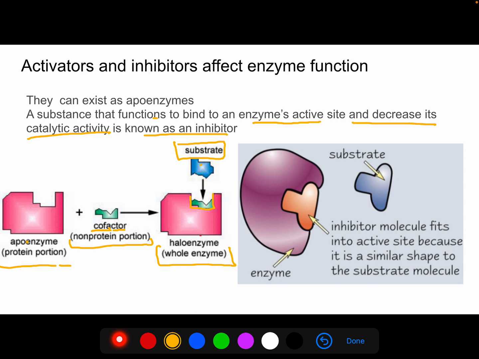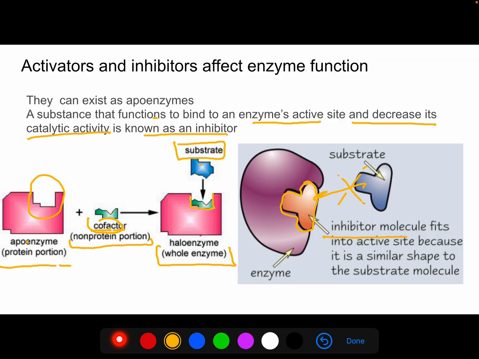A substance that binds to an enzyme's active site and decreases its catalytic activity is known as an inhibitor. Okay, so this is the enzyme's active site. Some molecules are binding to the enzyme and increasing its specificity so it can bind to the substrate. But there are also molecules that bind to the active site of the enzyme and block the substrate binding. So the substrate cannot bind anymore.